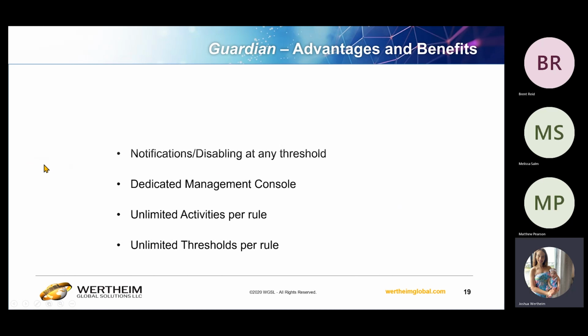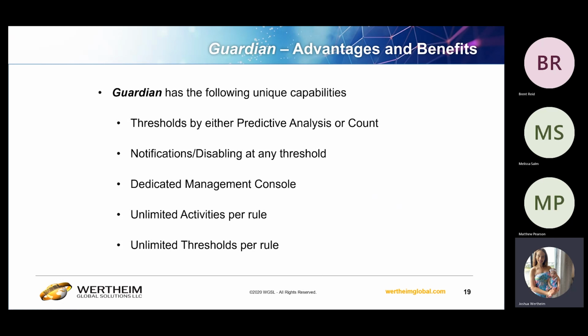So, in summary, these are some of the advantages and benefits of Guardian. The thresholds by predictive analysis allow the system to monitor users based upon what is their normal activity, and if they exceed what is considered normal, Guardian will then send notifications or disable accounts based upon the exceeding of those thresholds.